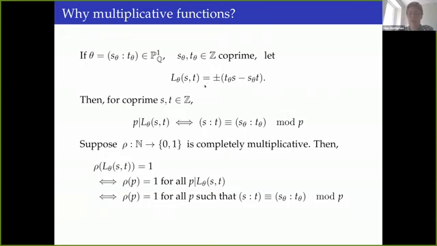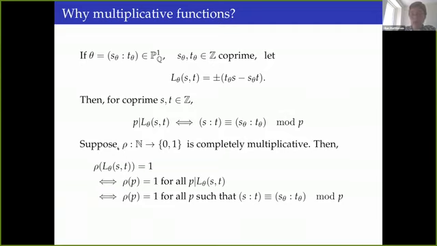And it has the very nice property that if you take a different point on the projective line, let's assume s and t are primitive coordinates for this point, and consider this linear form evaluated at the point (s,t), then a prime p divides this linear form if and only if the point (s,t) is congruent to the point (s_θ, t_θ) modulo p.